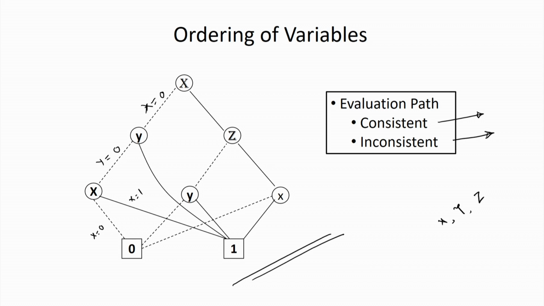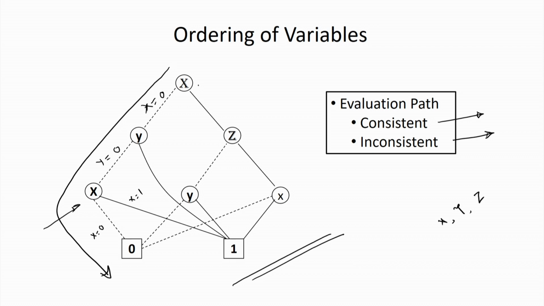When we are coming to this particular non-terminal node, you see that already we have taken a decision on x, x is equal to 0. Here again I am looking for the evaluation of x, x equal to 0 and x equal to 1. So, if I follow this particular path, then I can say it is a consistent path, because in this evaluation the value of x is treated as 0.